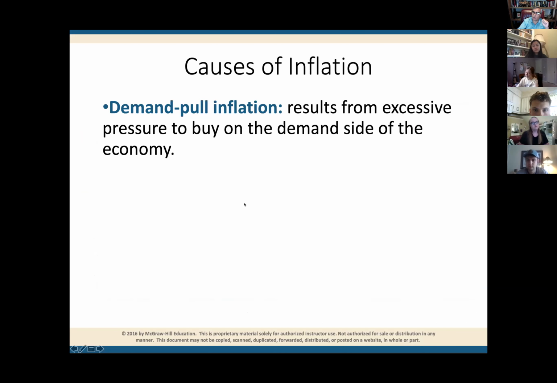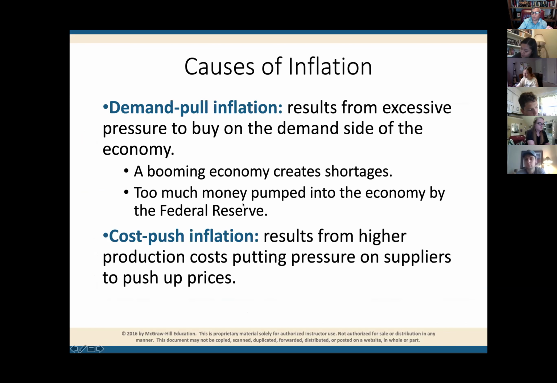So now the question is, what are the causes of inflation? There are two main things that cause inflation. Number one is called demand pull, and the other one is called cost push. Demand pull inflation takes place because everybody's buying. It results from excessive pressure to buy on the demand side of the economy.